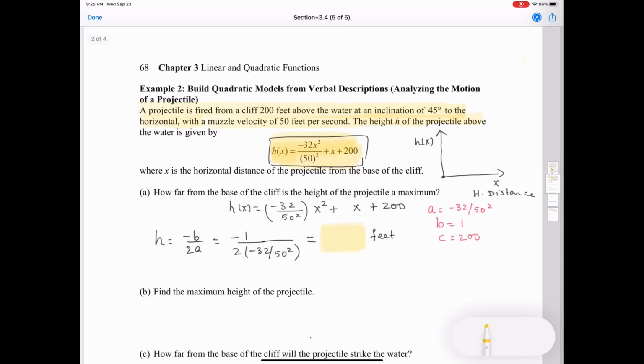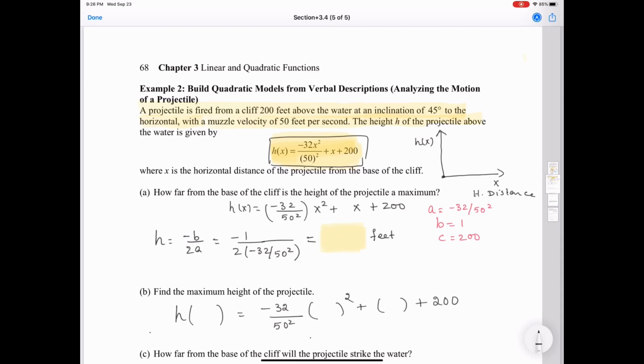B is asking to find the maximum height of the projectile. Whatever answer you get there, take it back into the function and plug it in, so wherever you have x, you put that value in and simplify it.